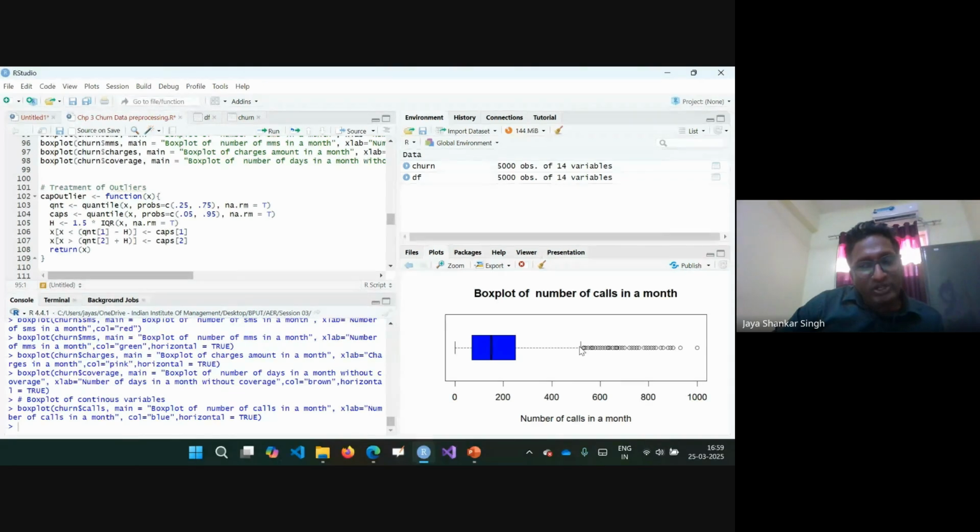You understand? We are putting a cap on the value for that particular field. If the number of calls is 10,000, we will put a cap on that. I will assign the value of the third quartile. Why are we doing that? Because it is important so that these values, the outliers, would not affect the overall understanding of the situation.